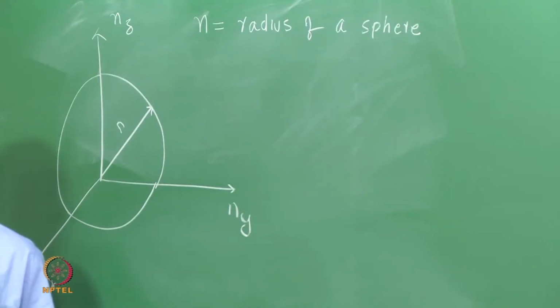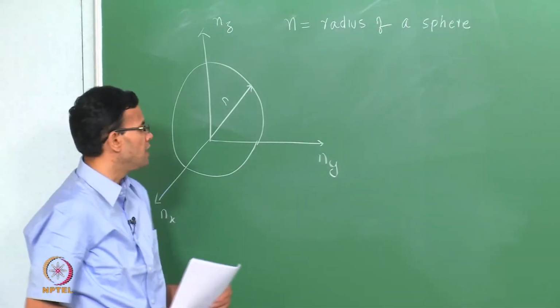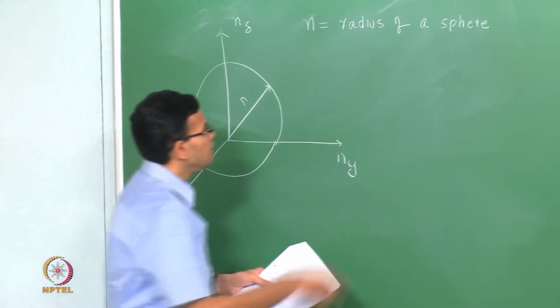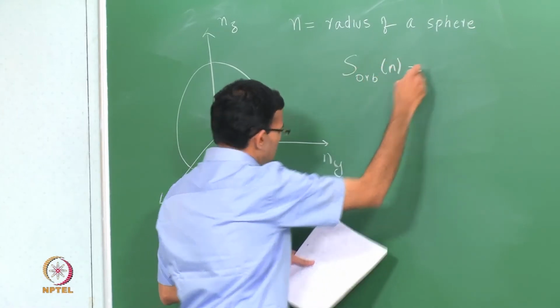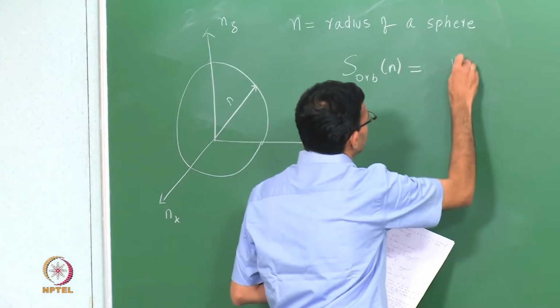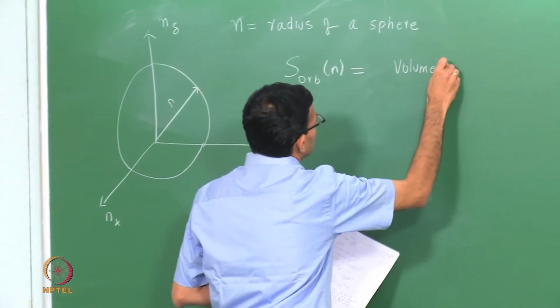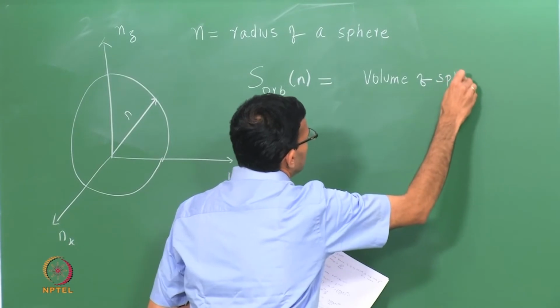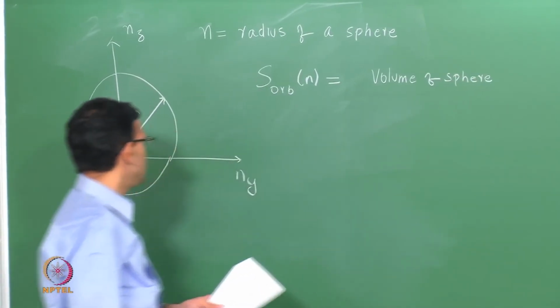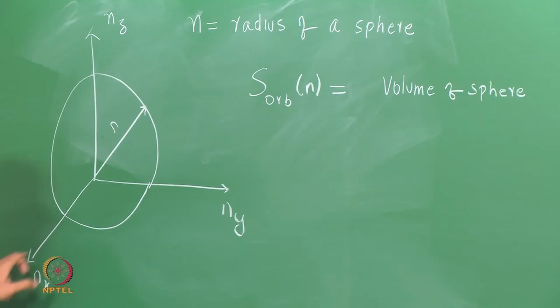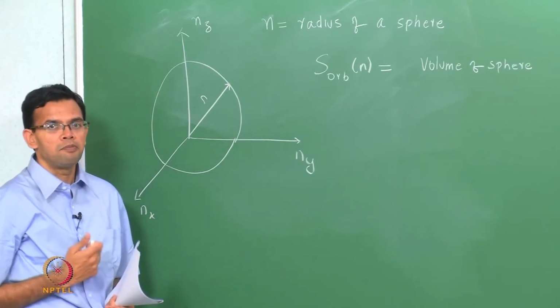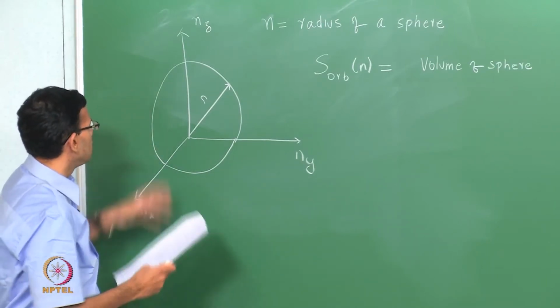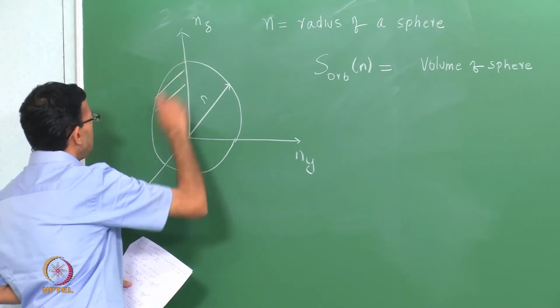If we want to find the total number of states whose energy is less than n, then the total number of states is nothing but the volume of the sphere. But since a sphere can have both positive and negative values of these quantum numbers, and since we said earlier that these quantum numbers are only positive, we only take the part of the sphere lying in the first quadrant.